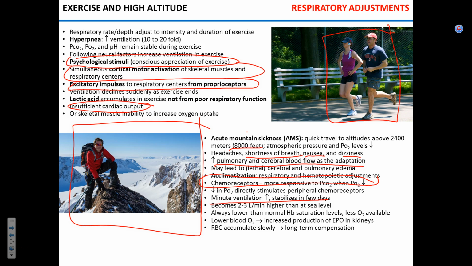And over time, the long-term adaptation: elevated number of red blood cells. Now, from my personal experience, I don't know about long-term, but when I came back to Louisiana after 5 days, I was like Usain Bolt. I was flying.